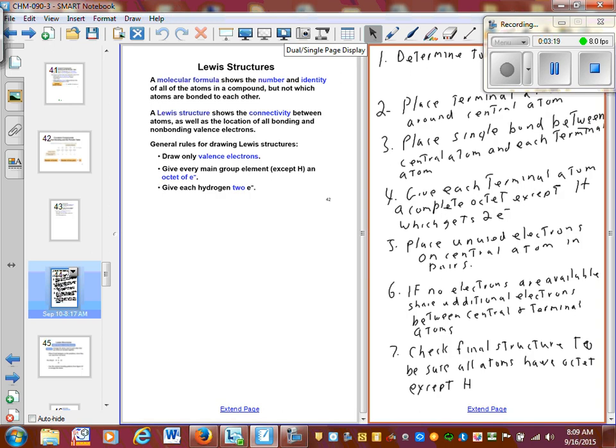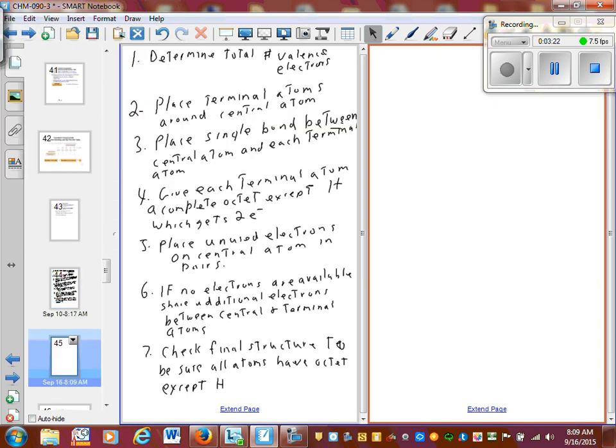Oh, insert blank page. There we go. So, start with blue. Let me start with something fairly simple. Water, H2O. We have to look and see how many total valence electrons. Hydrogen has how many valence electrons? 1. This is in column 1.